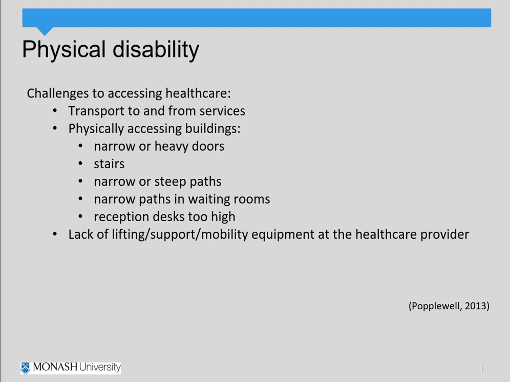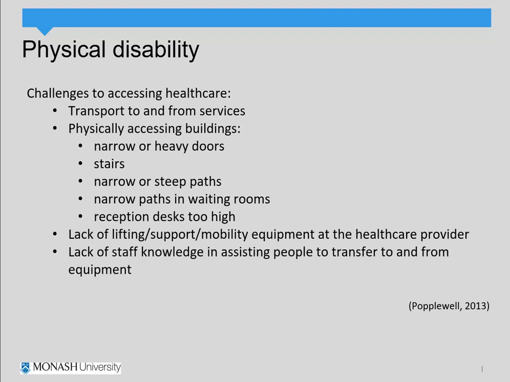Oh, actually, we don't have any way of doing that. I'm going to have to get you to go somewhere else because I don't have any mobility equipment to allow me to safely get you up onto an examination table. So that's something we need to be aware of: within the facility that we're working, do we actually have the equipment to be able to help someone who has a physical disability?